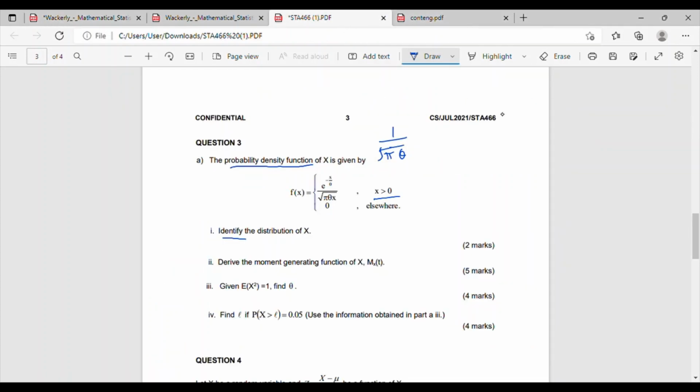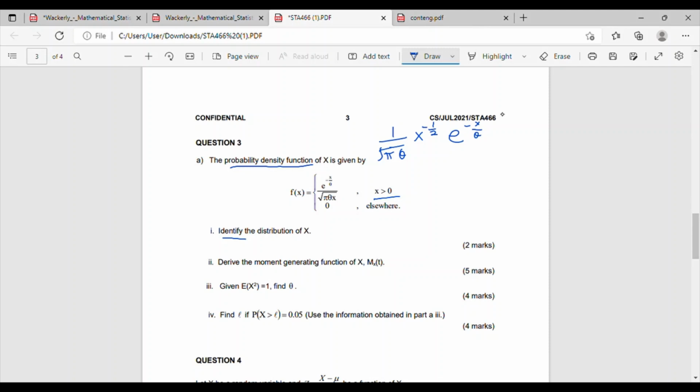So dia bolehkan jadi x power of 1 over 2. Negatif lah kalau kita letak kat atas, negative 1 over 2. Right? Okay. Exponent negative x over theta. Okay. So sekarang kita tahu dia adalah gamma.